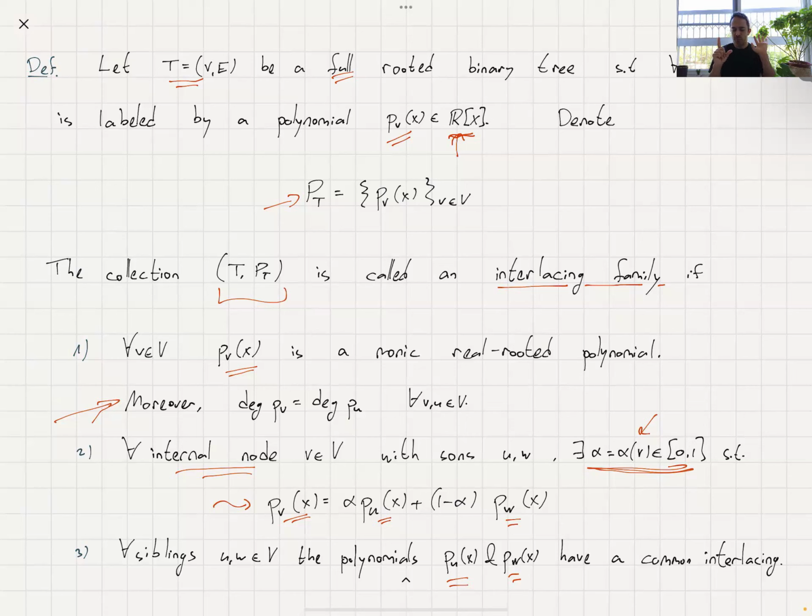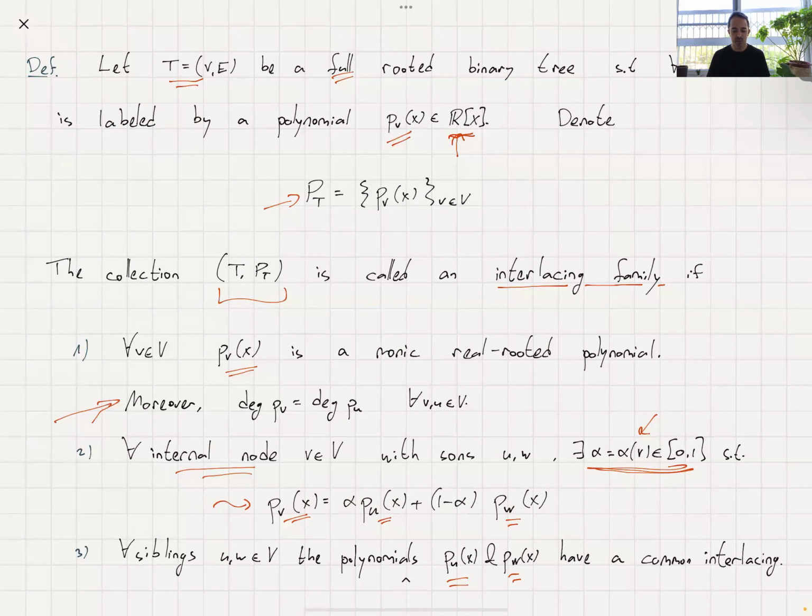It has nothing to do with PV, by the way, just a common interlacing, and we don't have any notation for it. You just want that polynomial to exist. And if you recall, saying that PU and PW have a common interlacing is saying that the interval connecting them doesn't touch the double root manifold, which was crucial for saying that the max root of everything in between, in the segment, is bounded by the max root of one of them.